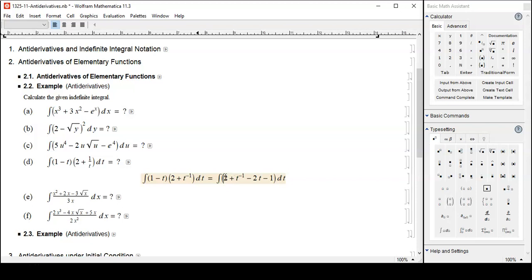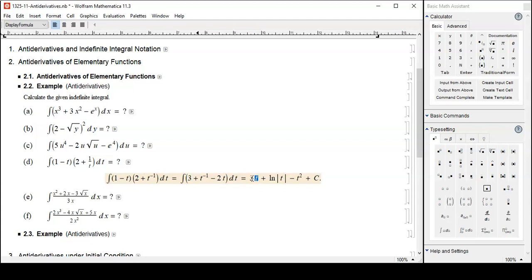So 2 minus 1, I'm going to get 3 like that. So this whole thing is 3t plus log of t minus t squared plus c. Did I do this right?